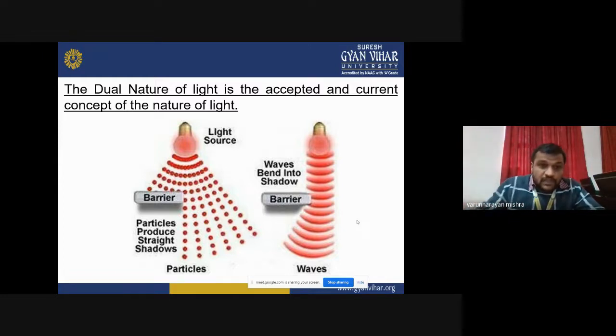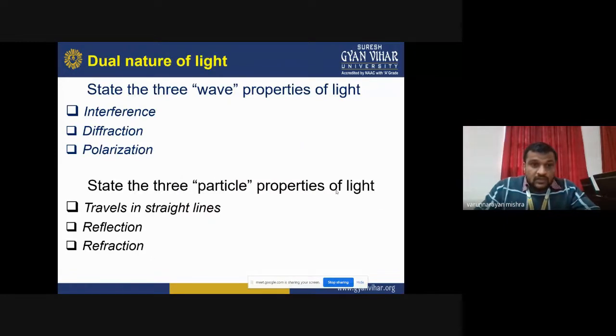So these two experiments are very important to study the nature of light. The dual nature of light is accepted. The dual nature of light states that light has wave properties, that is, interference, diffraction, and polarization.